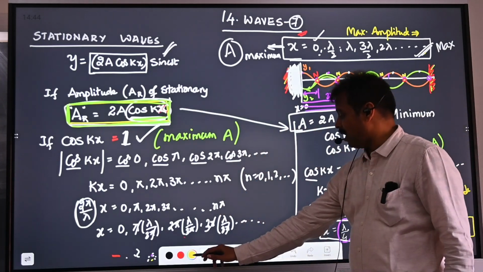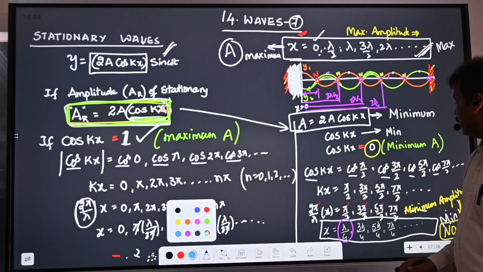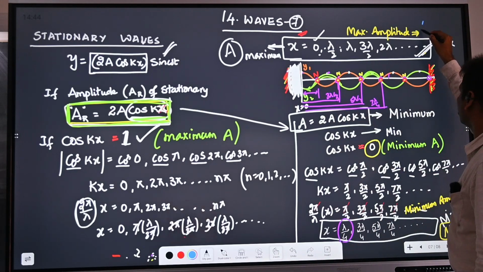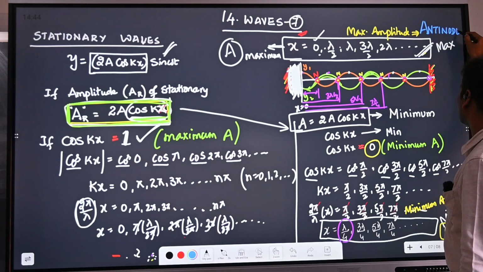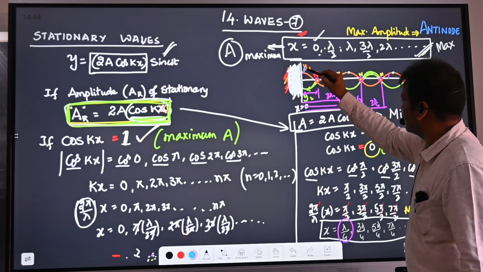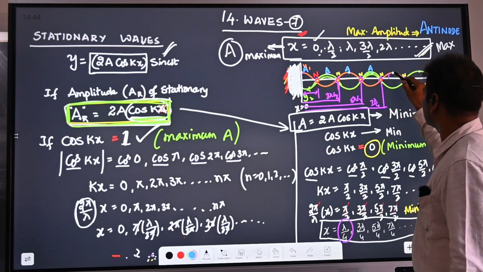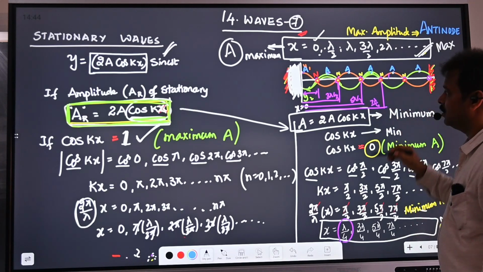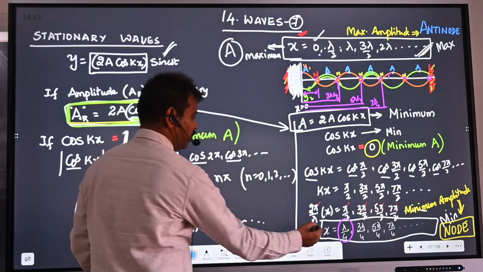Now, in the same diagram, students, there are some points where amplitude is maximum. These are called antinode points. So what is a node?